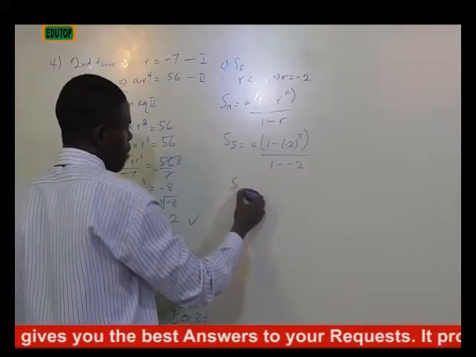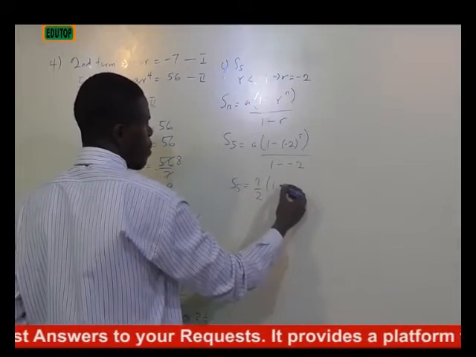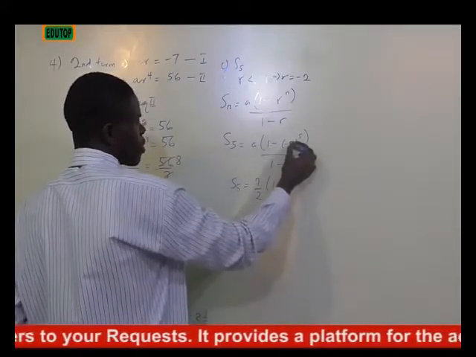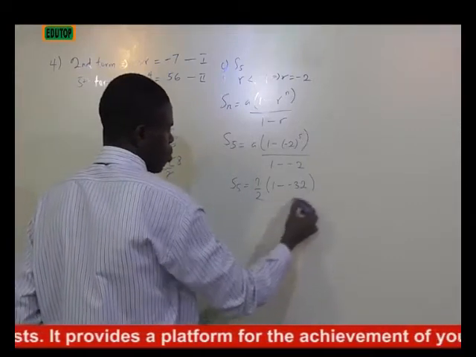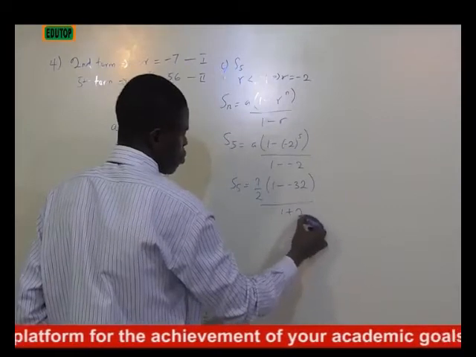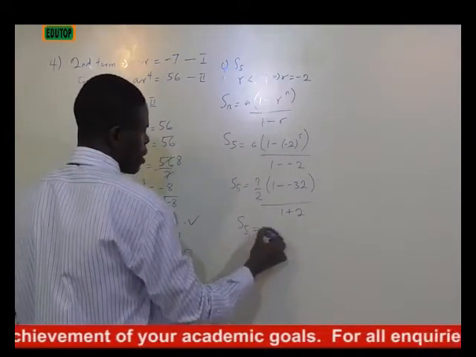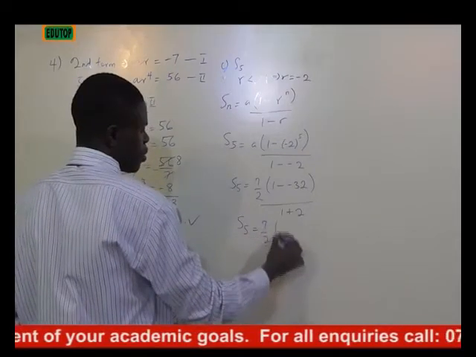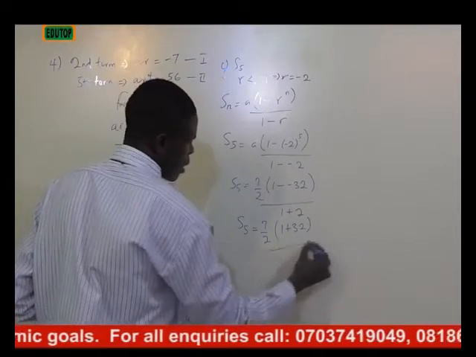So S5, which now equals 7 over 2 into 1 minus 2 raised to power 5, which is minus 32, over 1 minus, that's plus 2, 1 plus 2. So this one gives us S5 will now be 7 over 2 into 1 plus 32 over 3.